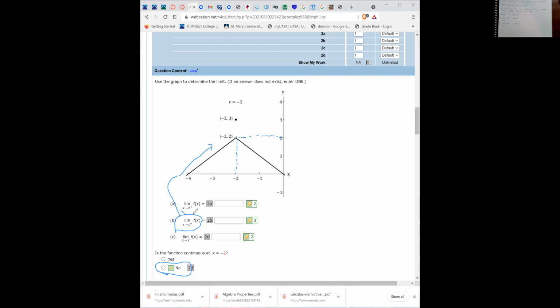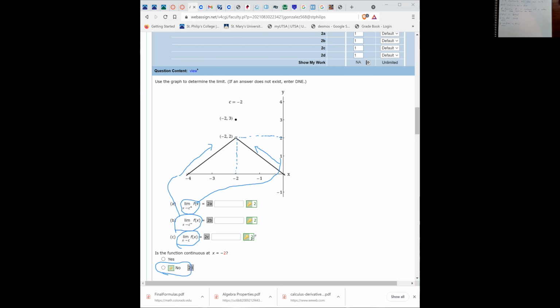Now from the right, this is the right side, the plus. So I approach from this direction, the positive direction, that's this one. It is going closer and closer to 2. So that's why it's also 2. If they are the same, then the limit exists, which will be 2.